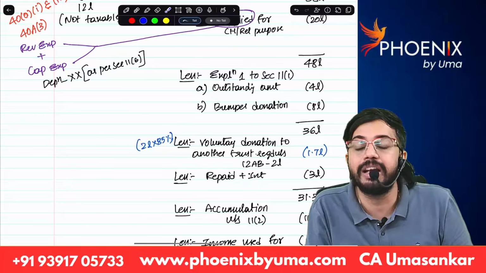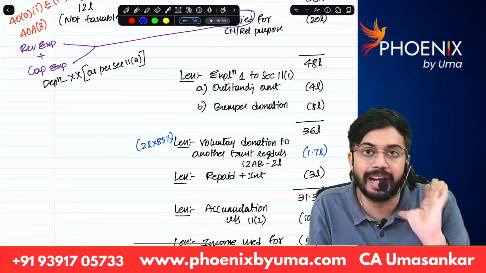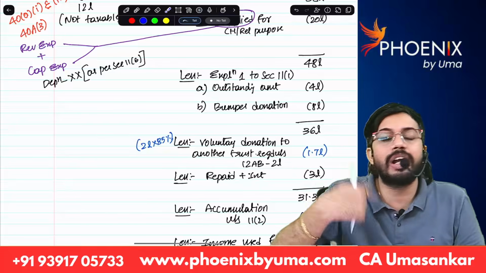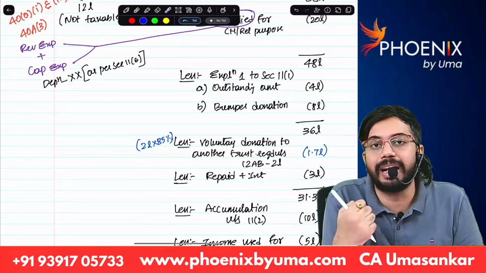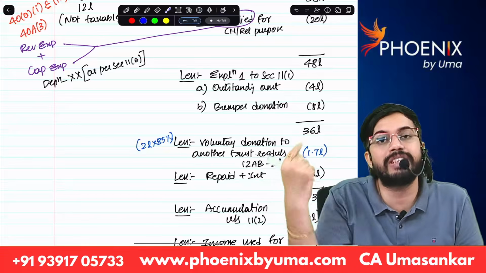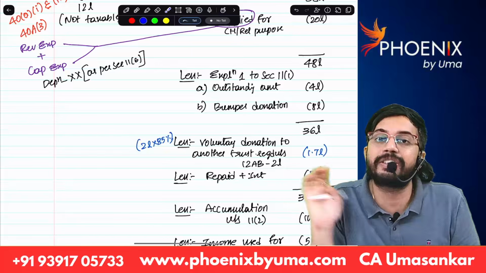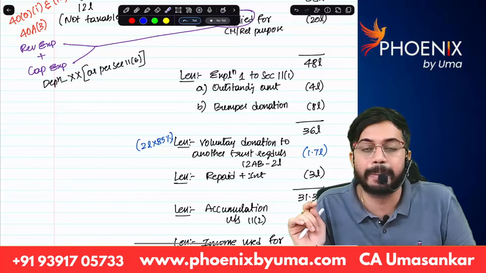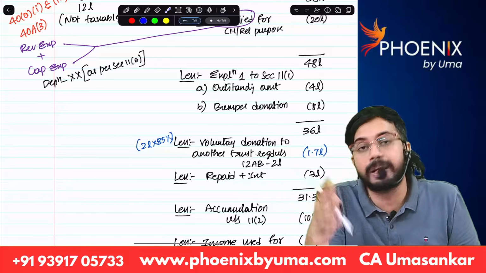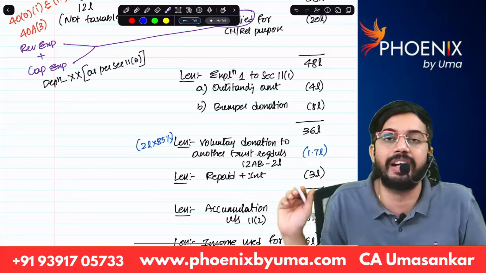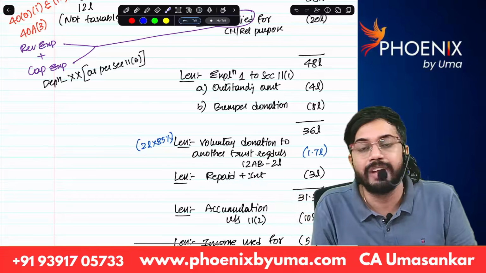Are you able to understand? The reason is today you are claiming it as deduction without receiving money. So you have to spend it in the year in which you receive the money or immediately next financial year. Then only it is treated as applied. If there is any unspent money, then unspent money is taxable under 115BBI at the rate of 30%.